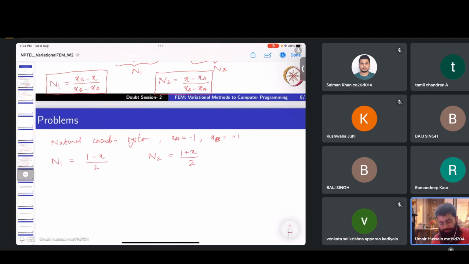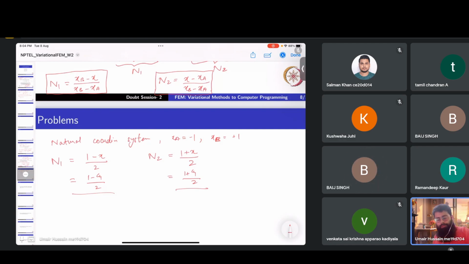If I write theta in place of x, you'll remember these are the approximation functions we used in class. That's how we derive the approximation function for any type of element.